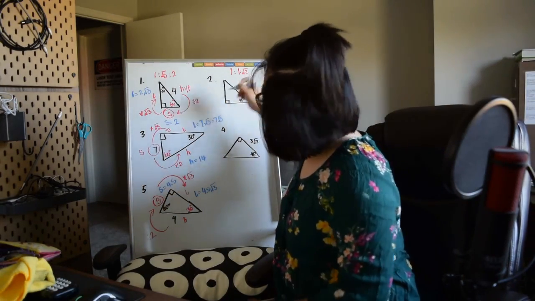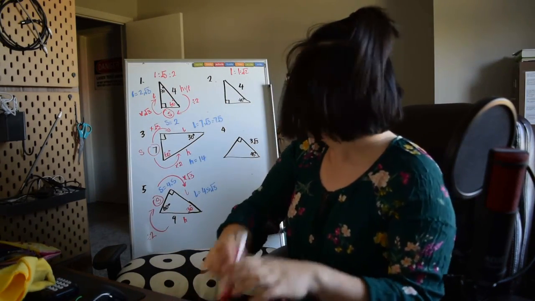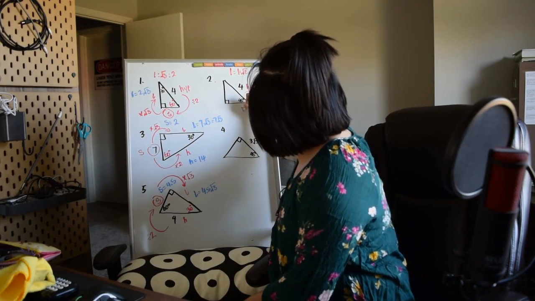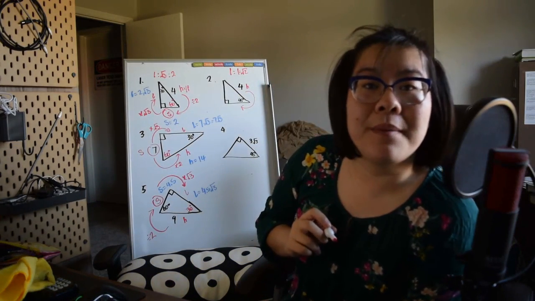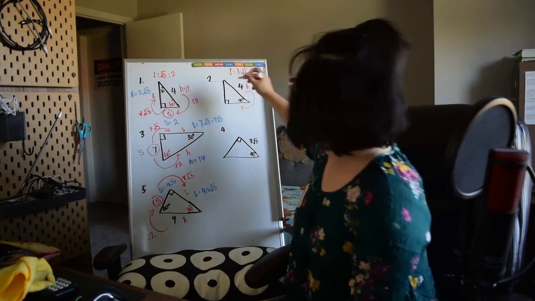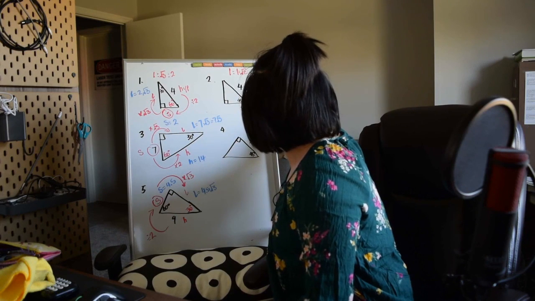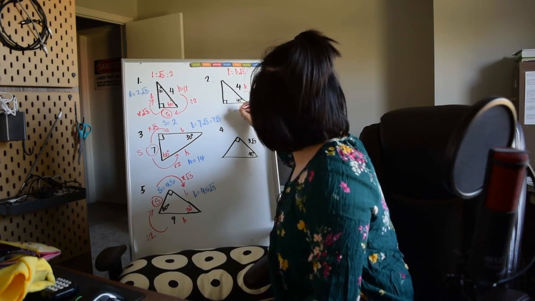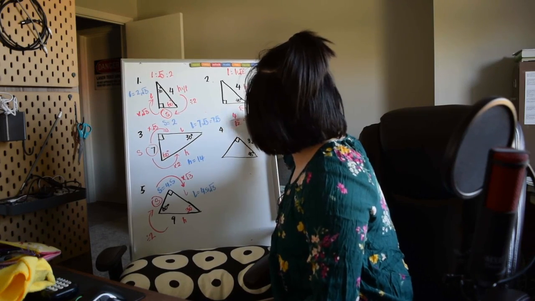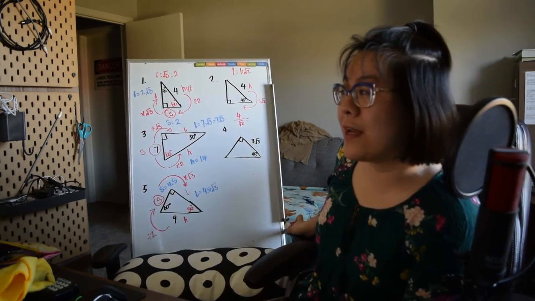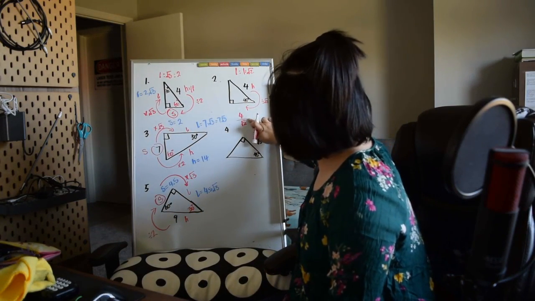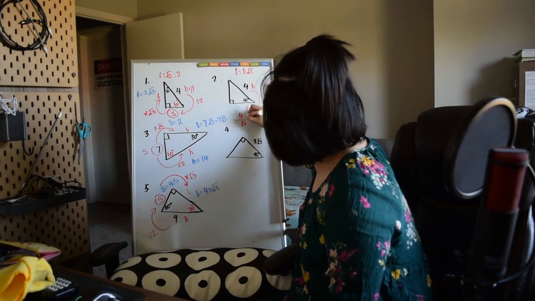We know from the hypotenuse to any one of your legs, you're going to divide by radical 2. From the leg to the hypotenuse is multiplied by radical 2. So you just need to know what 4 divided by radical 2 is. We're going to simplify it by multiplying radical 2 on the top and bottom.